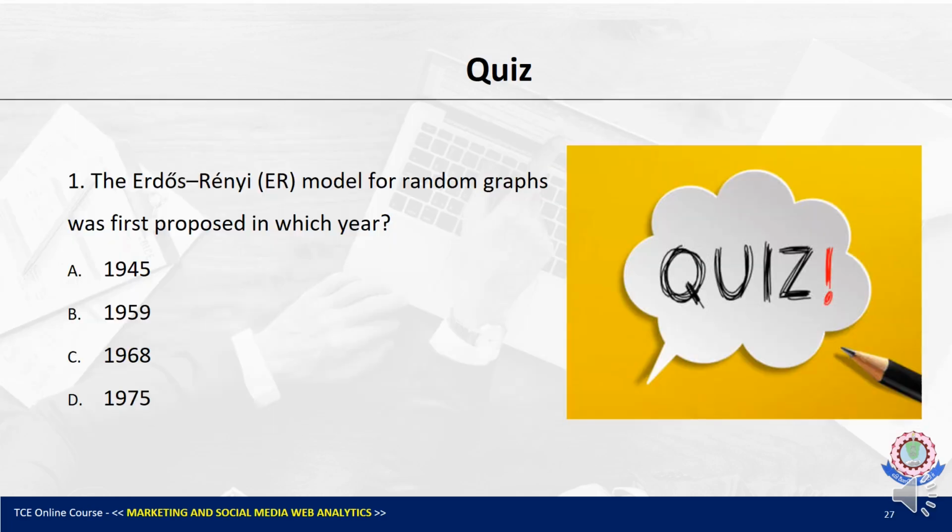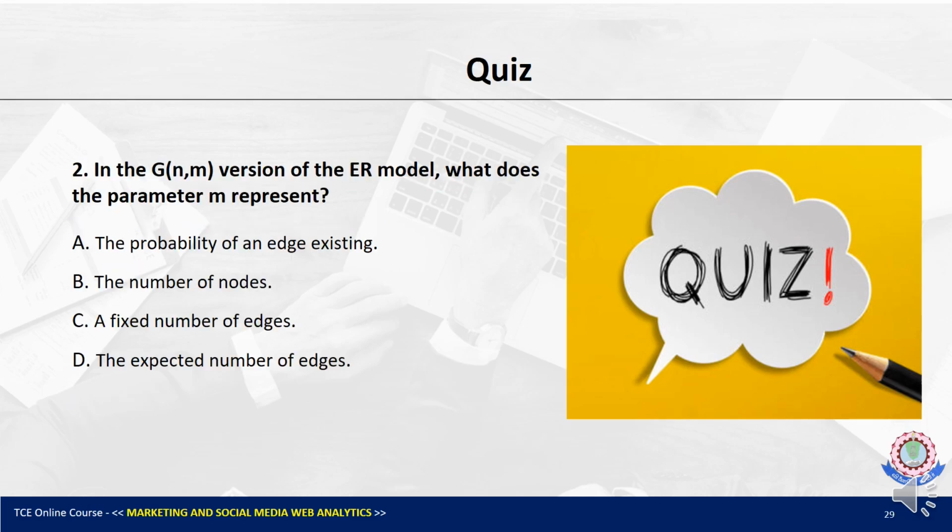The question asks, the ER model was proposed in which year? The options are 1945, 1959, 1968, 1975. And the correct answer is 1959. This was the year ER published their groundbreaking papers. Our next question is about the G of N,M model.